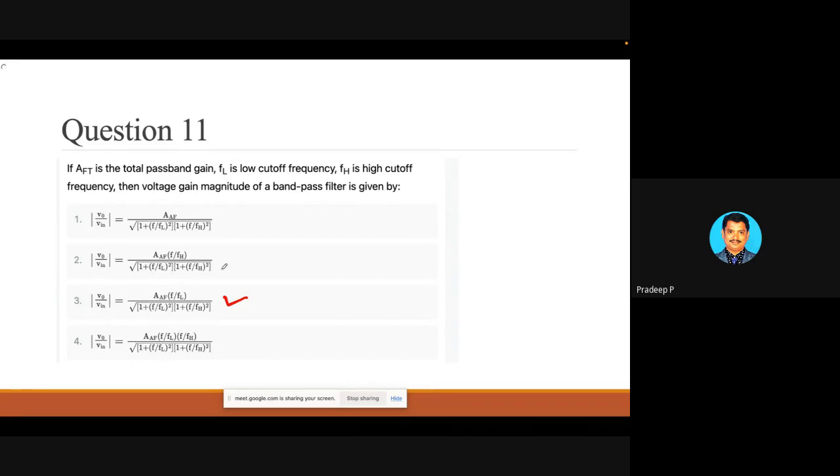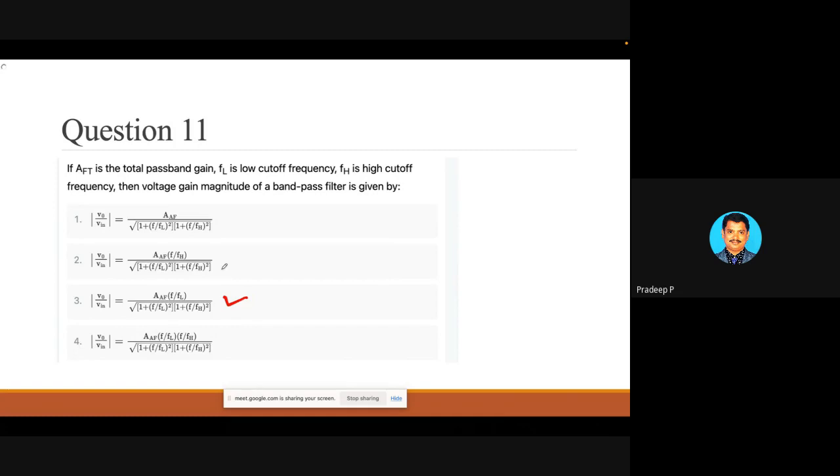V naught is equal to V in into 1 by j omega C divided by R plus 1 by j omega C. The j omega C terms cancel each other, and you simply get 1 by 1 plus j omega RC. If you place omega as 2 pi f, you get it. High pass followed by low pass is nothing but band pass.